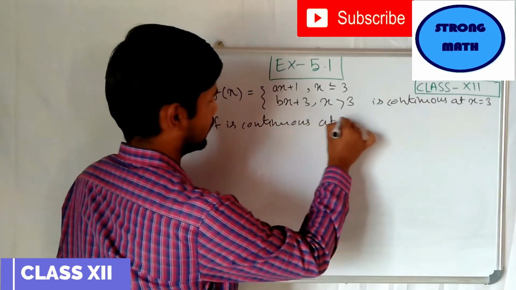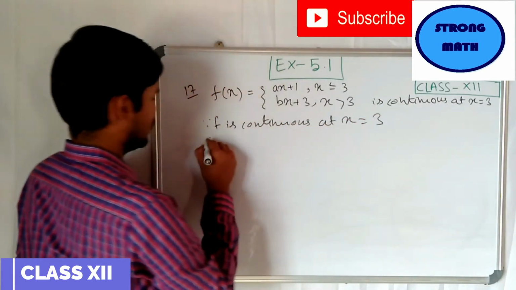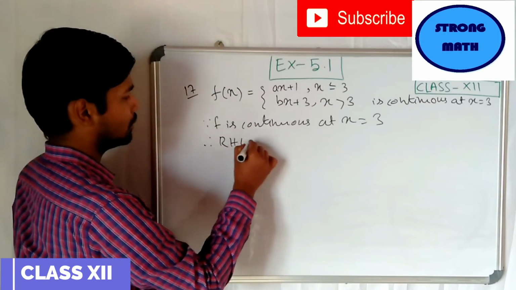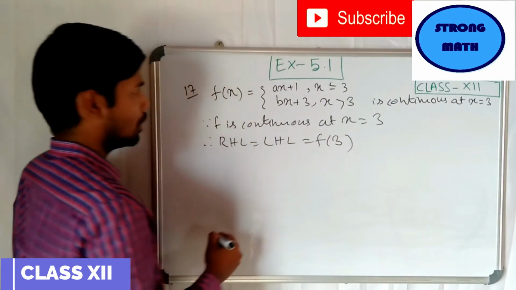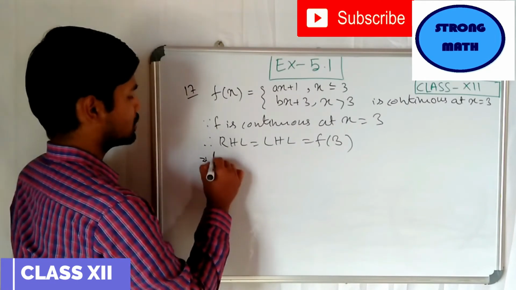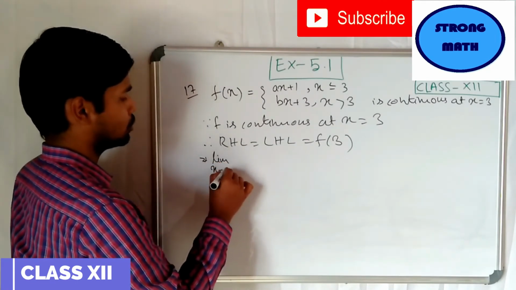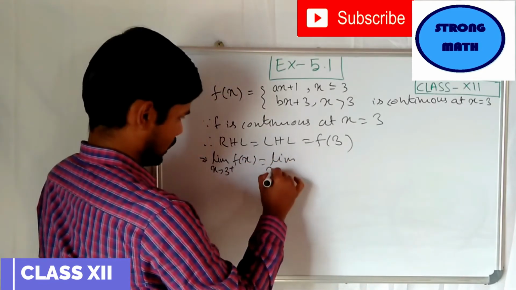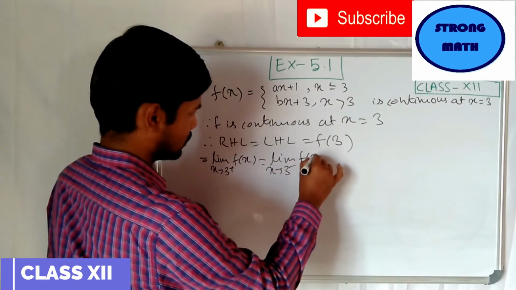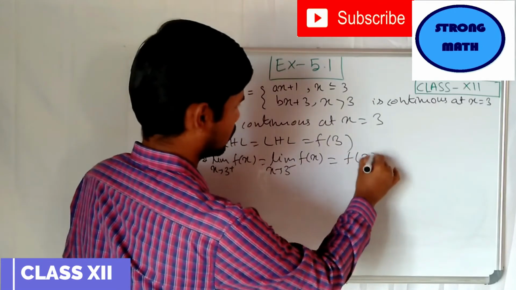at x equals 3, therefore we can write right hand limit equals left hand limit equals functional value at 3. So the right hand limit means limit x tends to 3 plus f(x) equals limit x tends to 3 minus f(x) equals f(3).